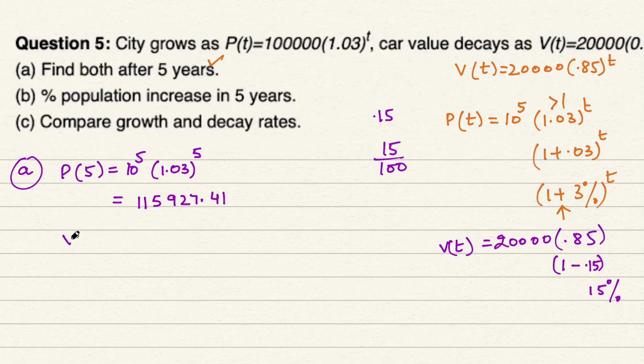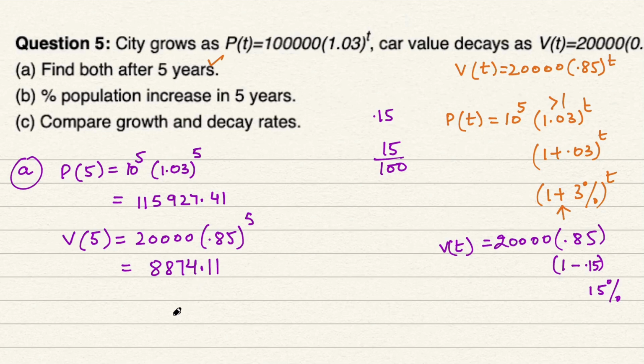So value after 5 years, because it is depreciating. Because I'm writing it on the laptop, you may be faster than me, but I'm trying to win the game. Okay, let's give the input. 8874 decimal 11. Perfect.